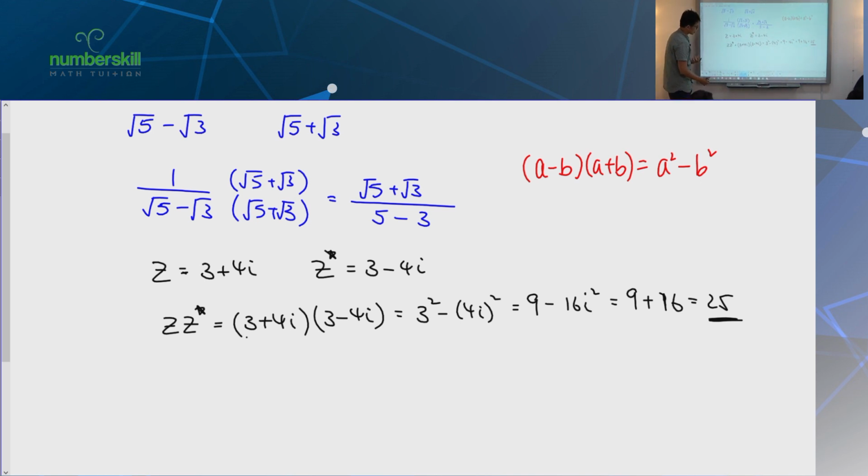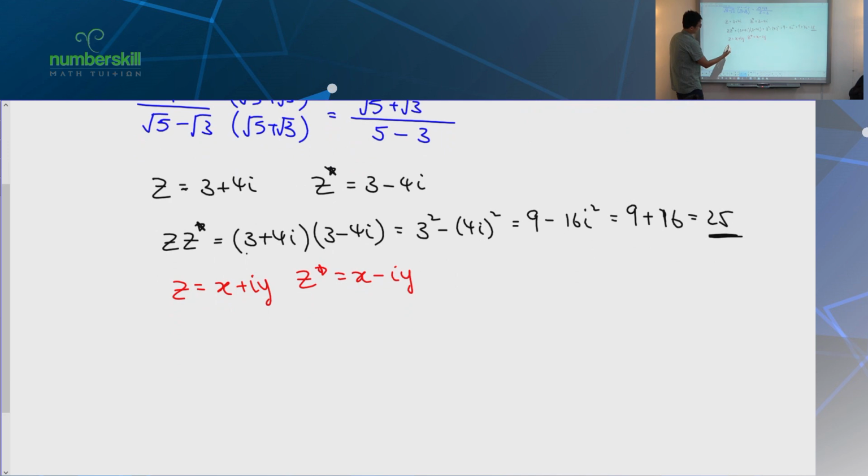In other words, in general, for a complex number x plus iy, the z star will simply be x minus iy. And when you multiply z by z star, you get x squared plus y squared.